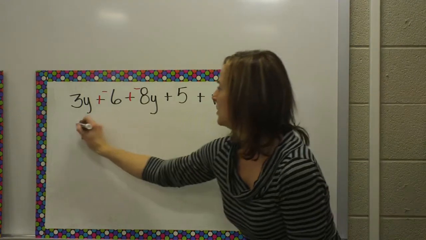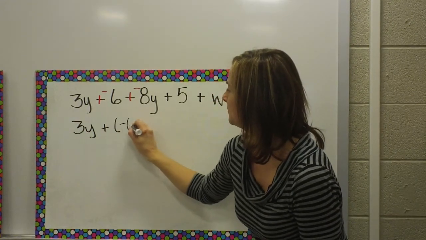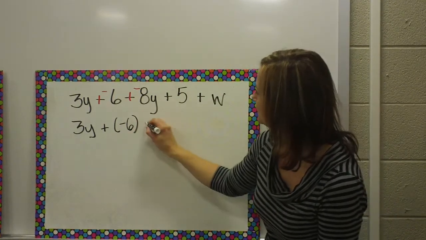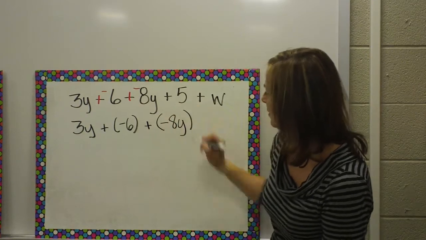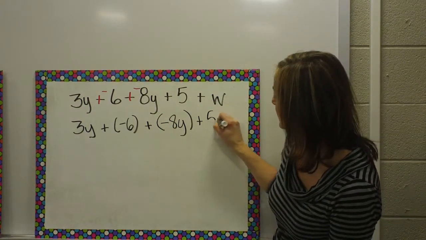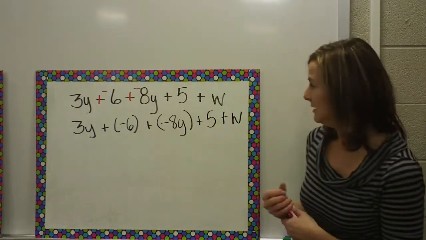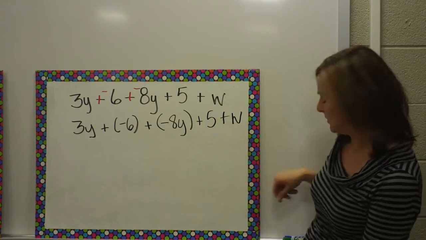I actually want you to rewrite it like this so that you have a brand new problem, putting parentheses around any negative constants or variables. So now my problem reads 3y plus negative 6 plus negative 8y plus 5 plus w.